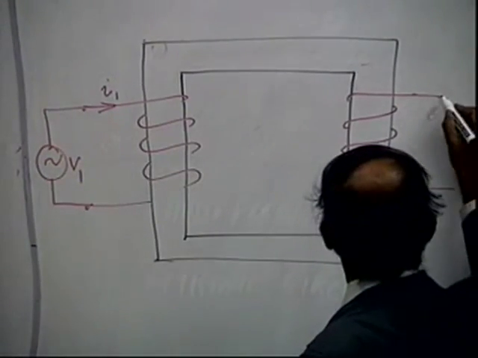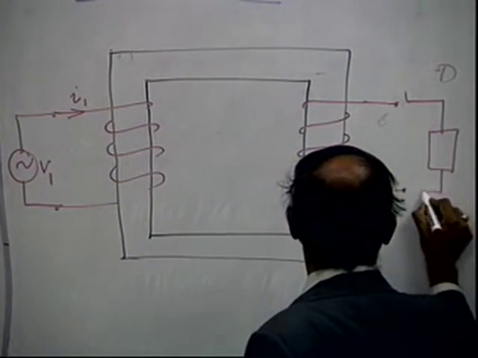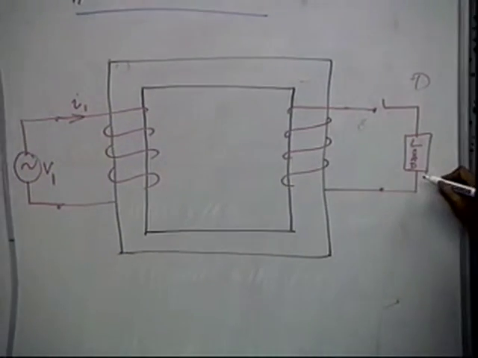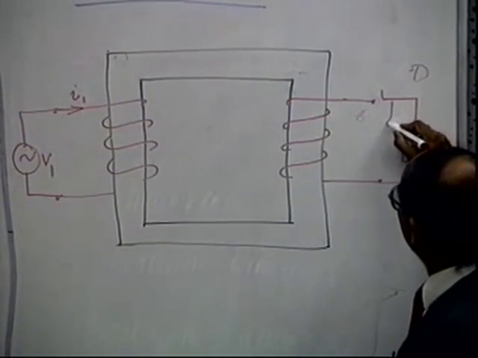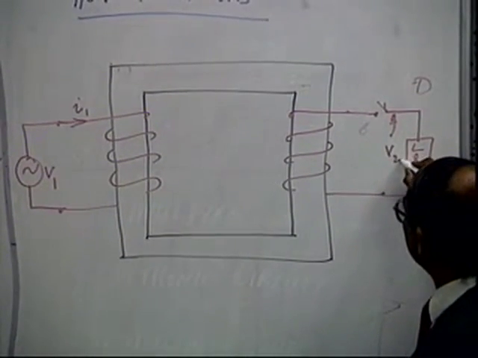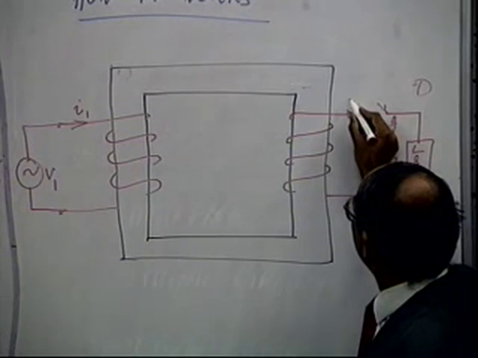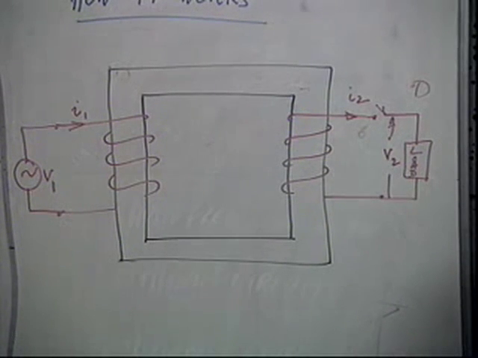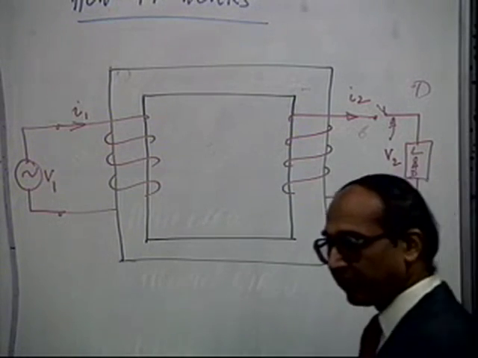And normally across the other winding, you connect a load. Of course, when you close the switch, the voltage across the load is, let us say, V2, and the current that is drawn, let us say, is I2 when it is loaded. This is a general thing. This is one of the basic things of a transformer.